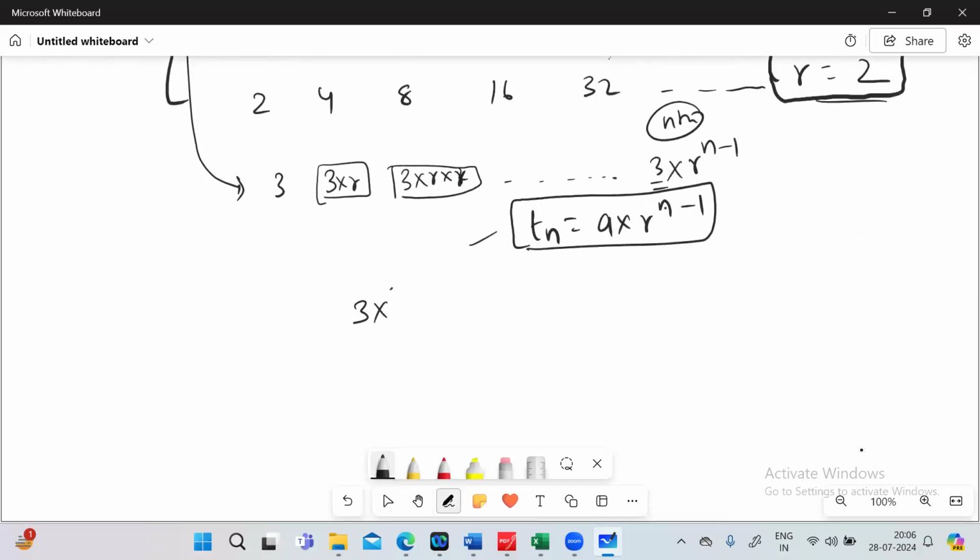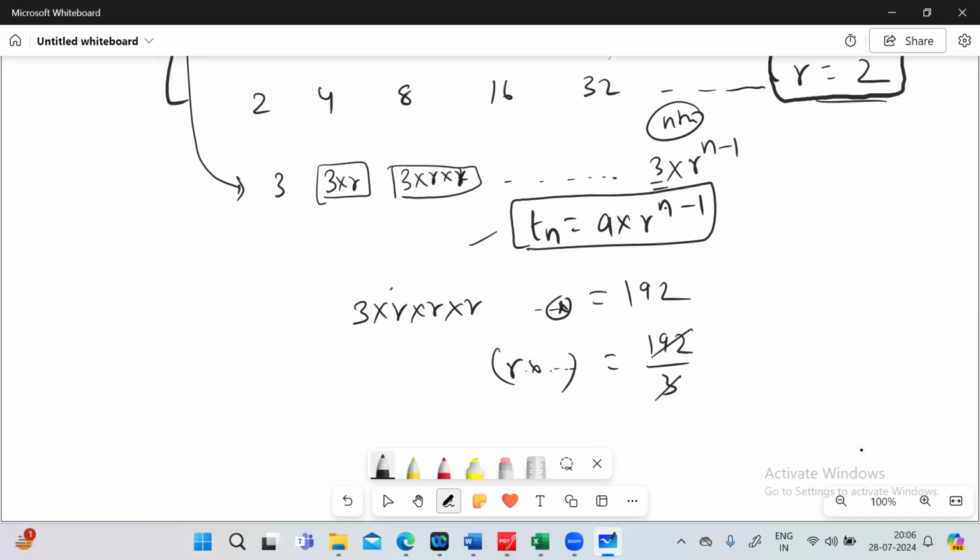Any term which lies in the series has been got by multiplying R into R into R any number of times, I don't know how many, and it will give you 192. That means R into R into R will be 192 by 3.